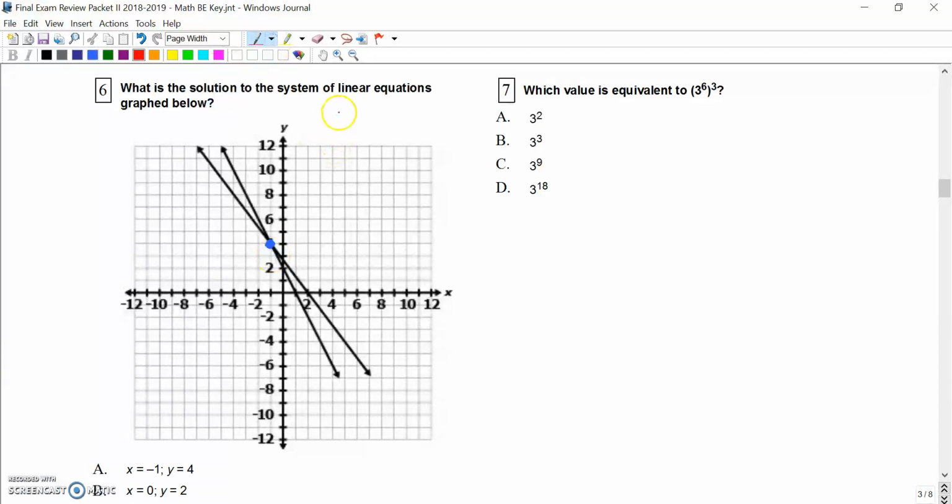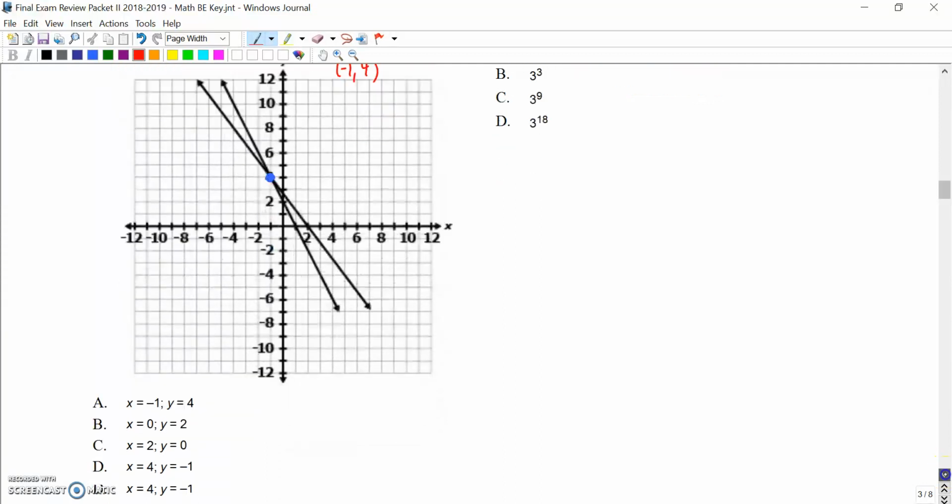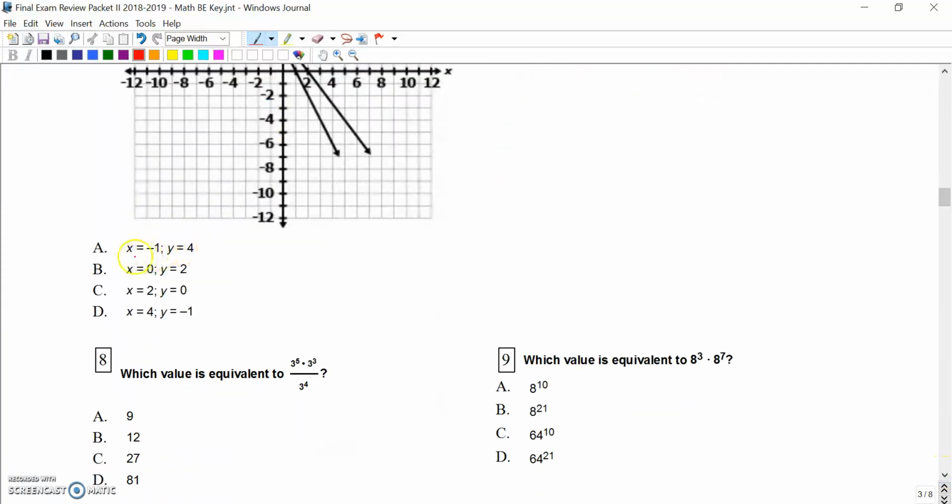And this is an x comma y ordered pair, which is at -1 comma 1, 2, 3, 4. So we're looking for an answer choice that is (-1, 4), which is answer choice A again. These ones are definitely wrong, and this answer choice is similar. It looks like they flip-flopped the parts of the ordered pair.